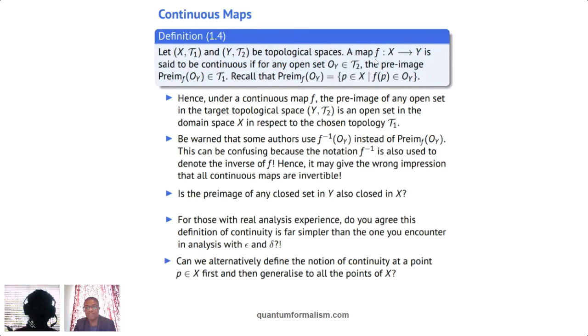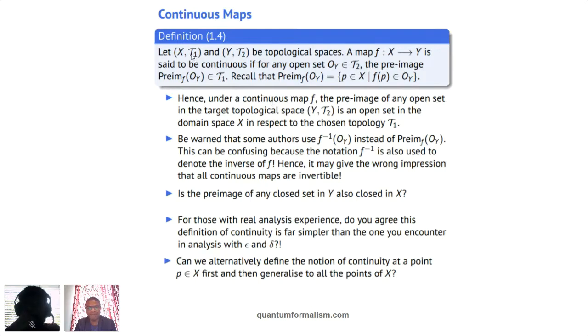So F is continuous if whenever you pick an open set in T2, the pre-image of that open set is also open. This means that under a continuous map, the pre-image of any open set in the target topology is an open set in the domain space with respect to the chosen topologies. This is very important. You will see in a few slides that the choice of topology is very important.